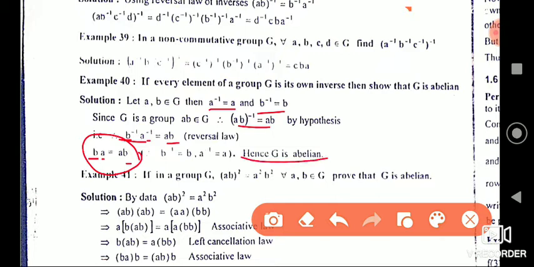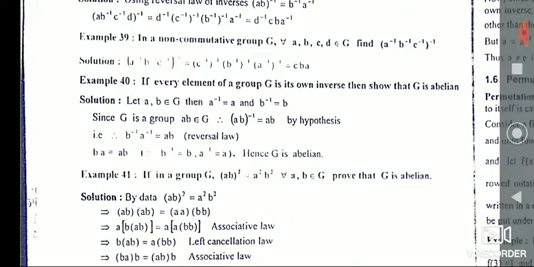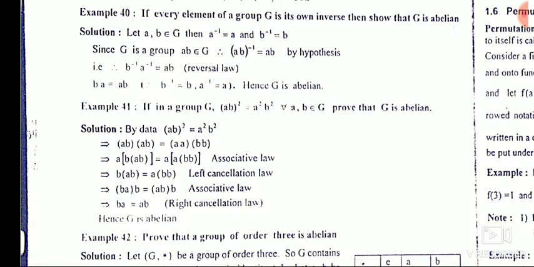Hence G is an abelian group, or the commutative property holds good. The better way of writing is A star B instead of just AB, but this is also okay. The next example: if in a group G, (AB) whole square is equal to A square B square for all A, B belonging to G, then prove that G is abelian.